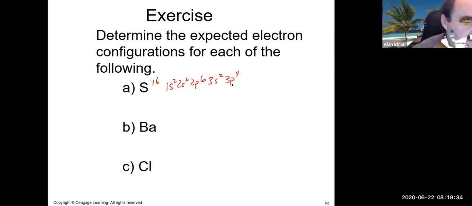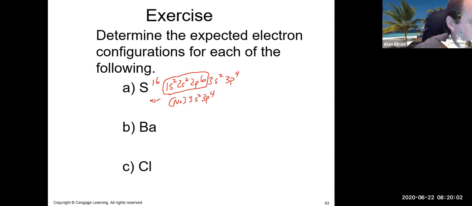So 1s2, 2s2, 2p6, 3s2, 3p4. If you use noble gas configuration, you would take this part, which is 10, and do neon in brackets, and then 3s2, 3p4. Any questions on that one?